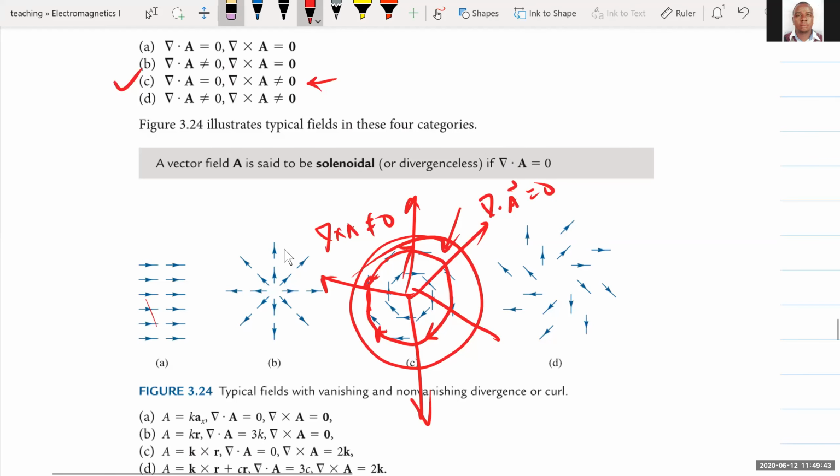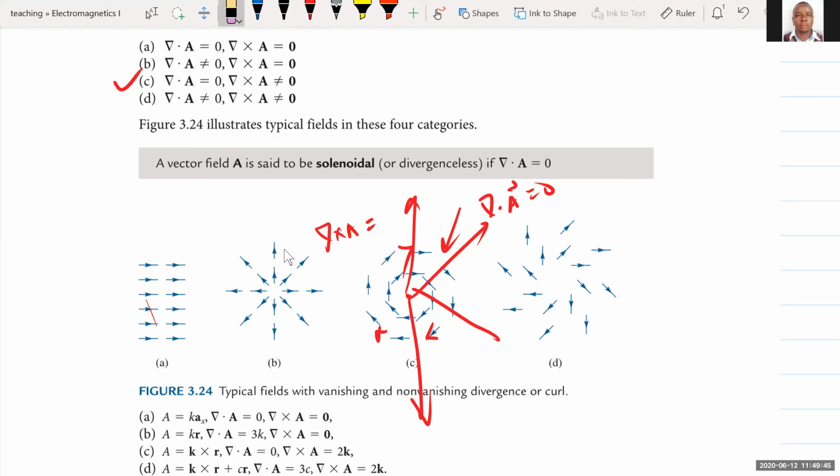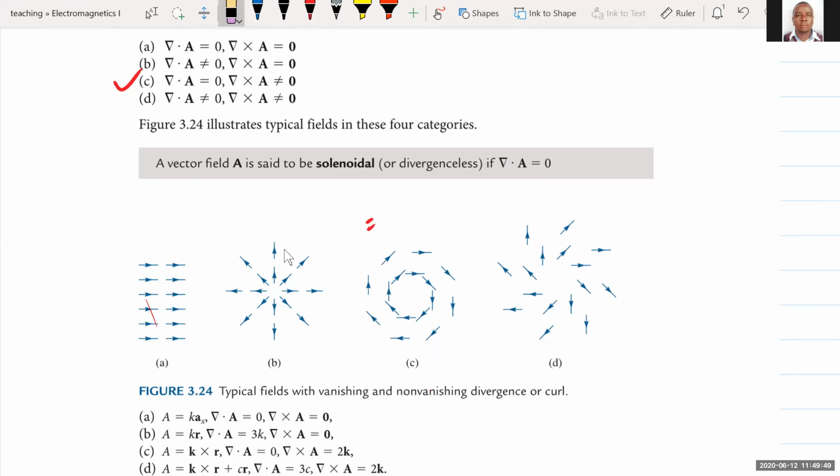Last but not least is part D. Part D says there is some element of rotation. If you are to resolve each of these components along the direction of rotation, you can see that there is an element that is rotating. There is rotation or circulation.